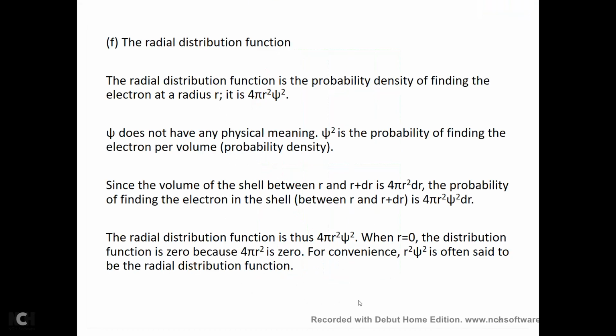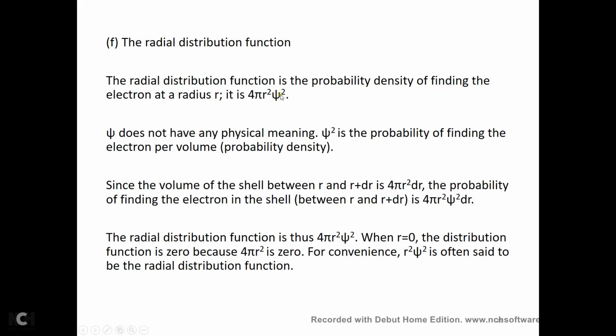The radial distribution function is different from the wave function. The radial distribution function is how the probability density of finding the electron depends on the radius. So it's actually 4 pi r squared times psi squared. And this psi is the radial part of the wave function.